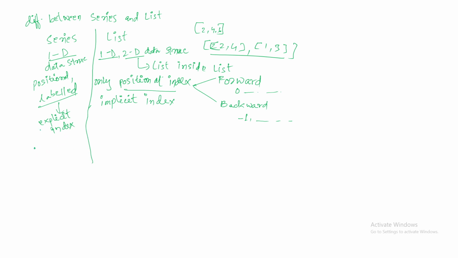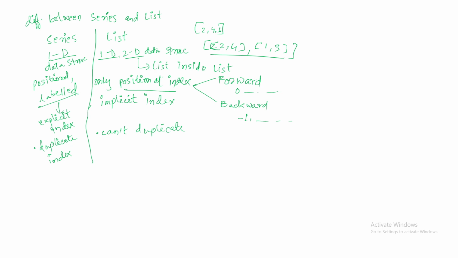Yes. In this series, index can be duplicated, means duplicate index it will accept. But in the list, can't. It can't duplicate. The system takes it.